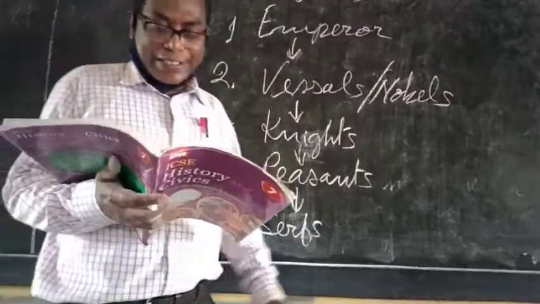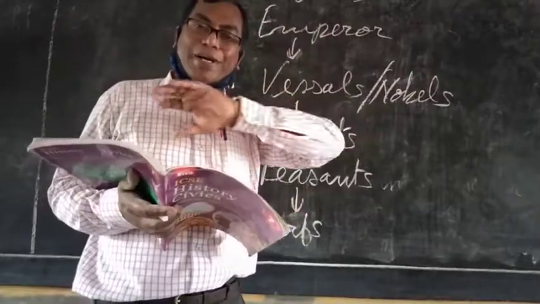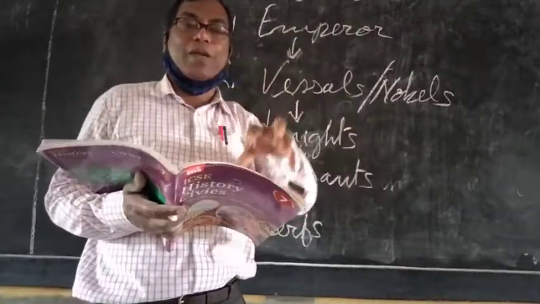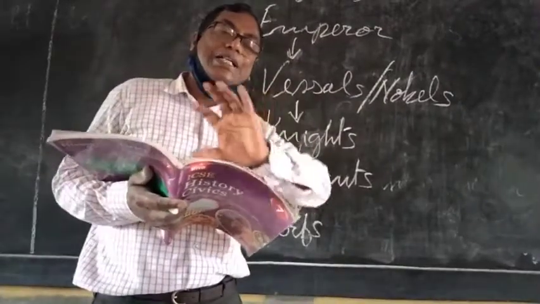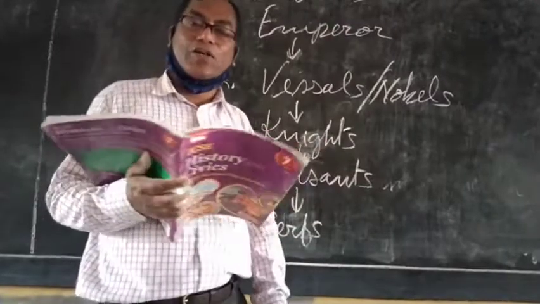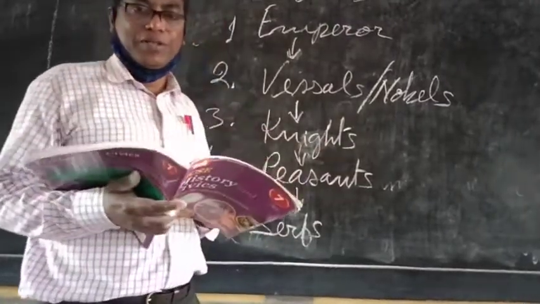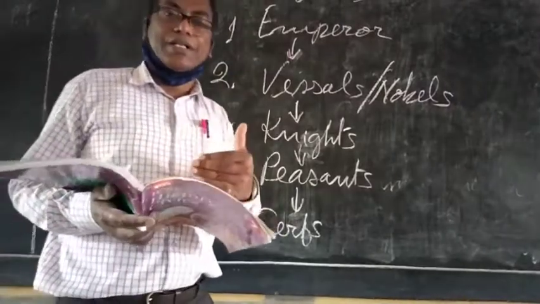The Eastern Roman Empire, or Byzantine Empire, was well protected by water bodies on all sides. So the attack of enemies was not that possible. They were in a safer place, and so they prospered.